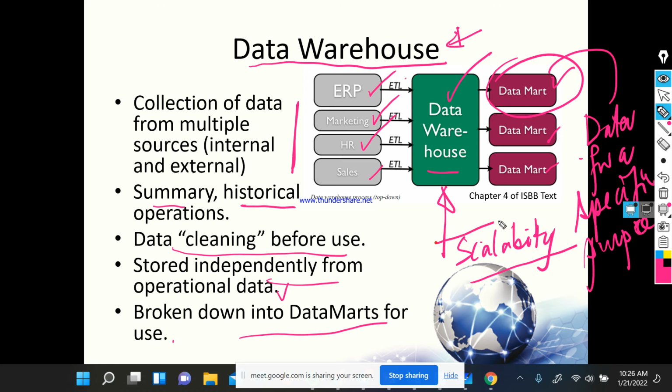Do you understand scalability? Yes, sir. Can you cite an example for others? Scalability means we can scale it up or down based on our demand.